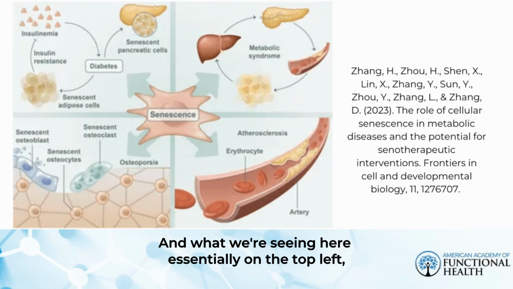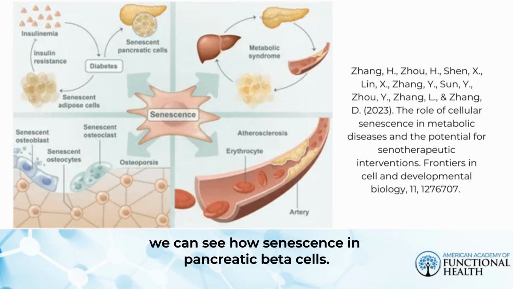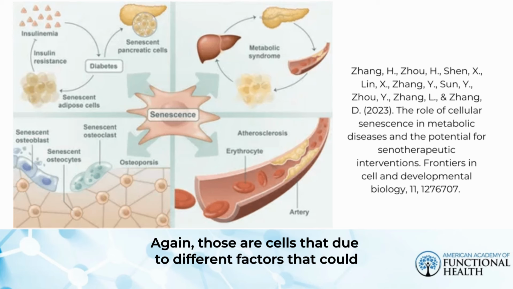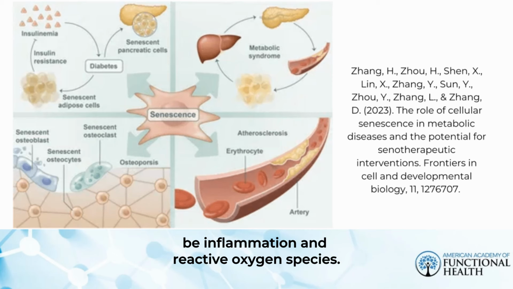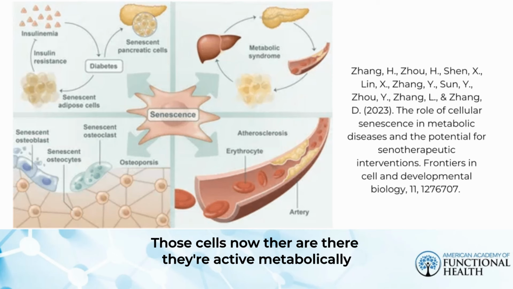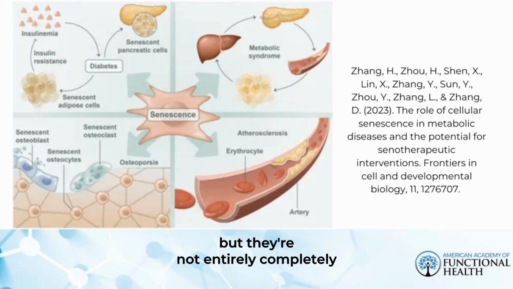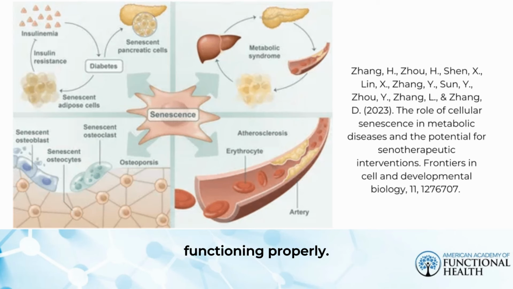And what we're seeing here essentially on the top left, we can see how senescence in pancreatic beta cells, again, those are cells that due to different factors, that could be inflammation and reactive oxygen species, are there, they're active metabolically, but they're not entirely functioning properly, right?